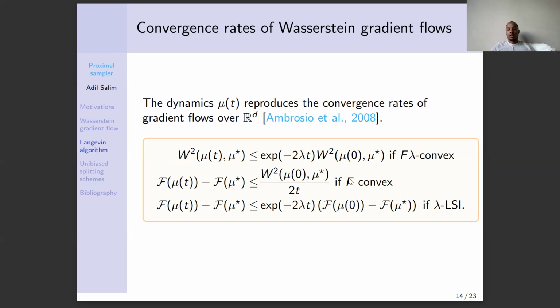Finally, if we have a Log-Sobolev inequality, which is the analog over the Wasserstein space of an inequality known in optimization as Polyak-Lojasiewicz, which is also well understood, then you have exponential convergence in terms of the function values. So these are the three inequalities that you get over R^d when you study gradient flows, and you get exactly the same for Wasserstein gradient flows.